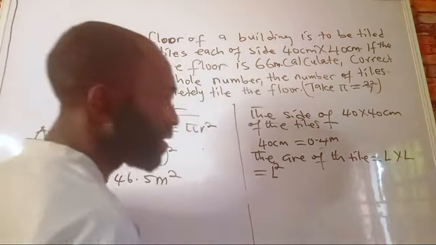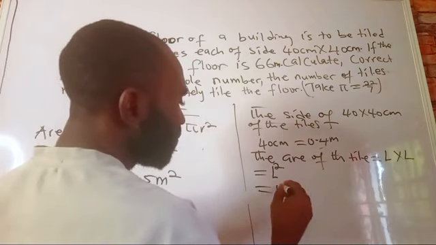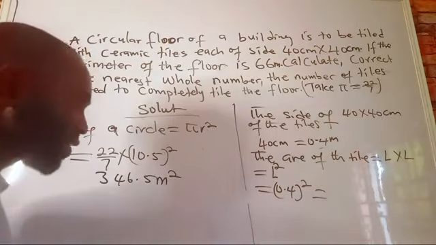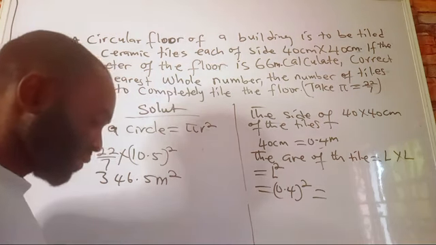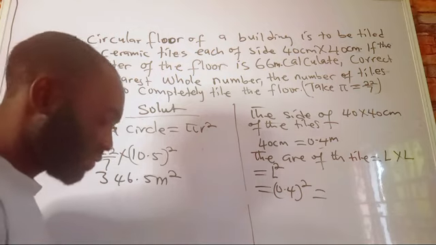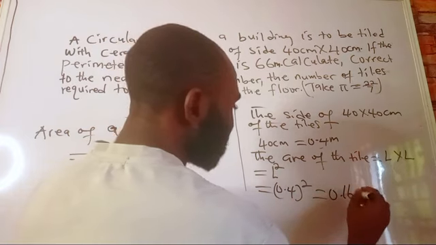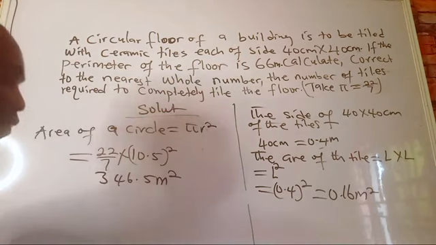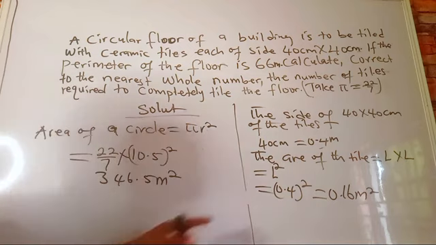A tile is in a square shape, so that will give us 0.4 squared. Let's square it, 0.4 squared, that is 0.16 meters squared.